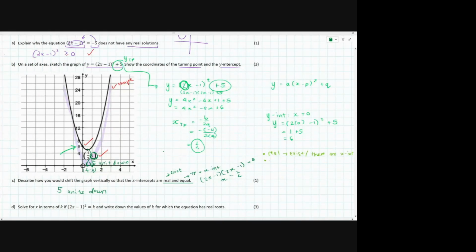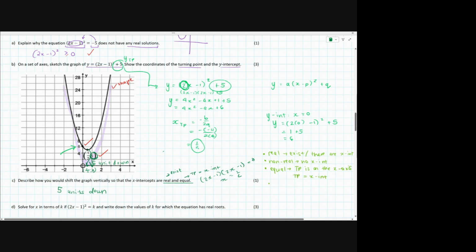Non-real, no x-intercepts. And that's what we had initially. Equal roots: your turning point is on the x-axis, or essentially what that means, your turning point is your x-intercept.